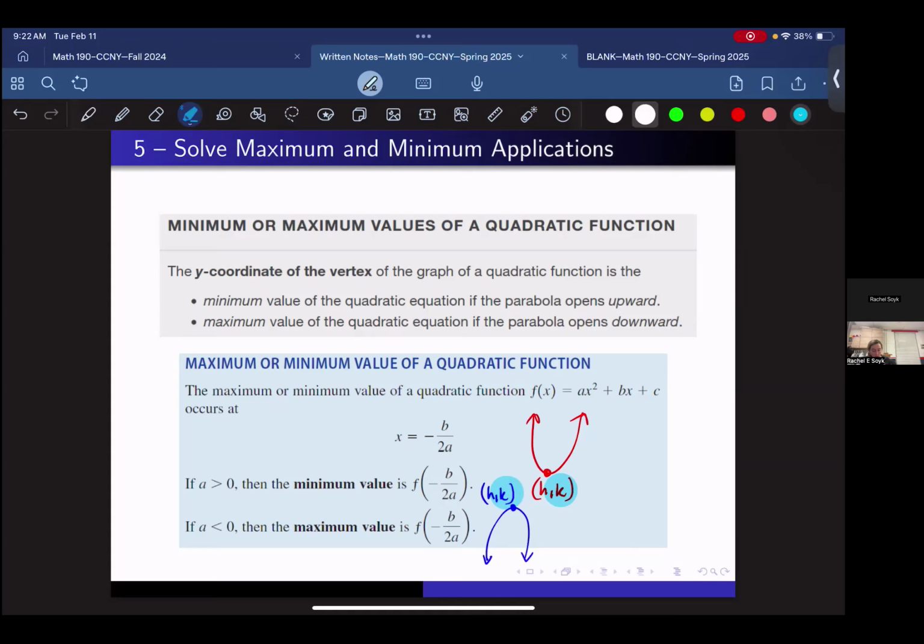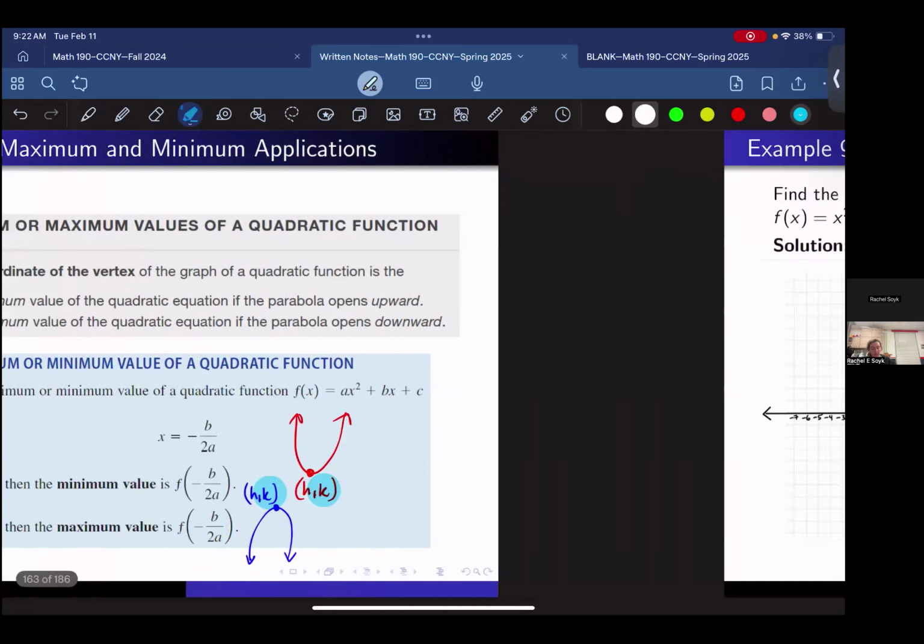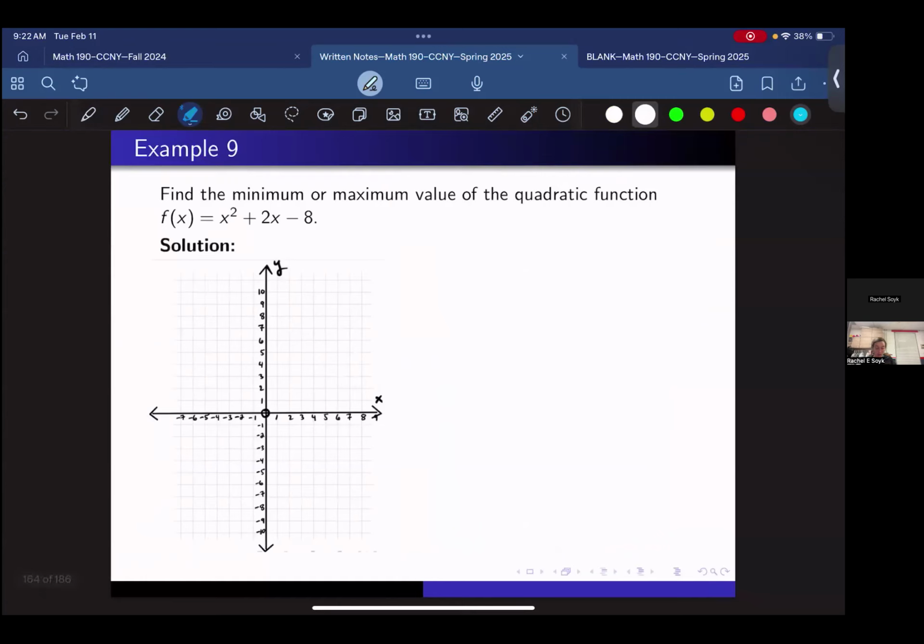So now knowing all of this, let's apply it to this example. We're just asked to find the minimum or the maximum of this quadratic. So we look at our A is equal to 1 here. 1 is positive, so it's greater than 0, which means it fans upwards.